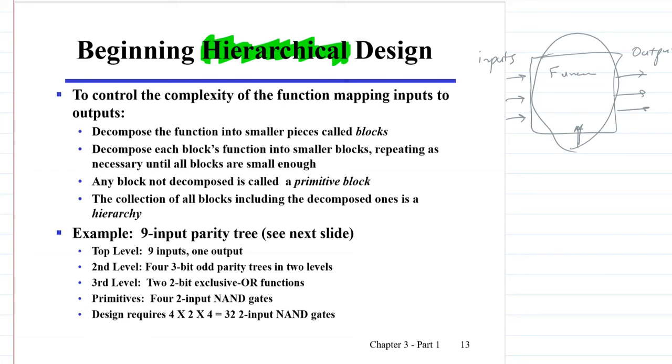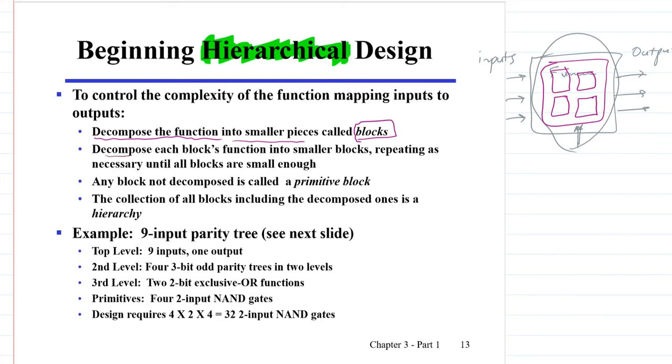Sometimes it is possible to apply the hierarchical design. When we want to do it, we need to decompose the function into smaller pieces, and those pieces are called blocks. So the main function will be divided into a number of smaller pieces, and each smaller piece is called a block.